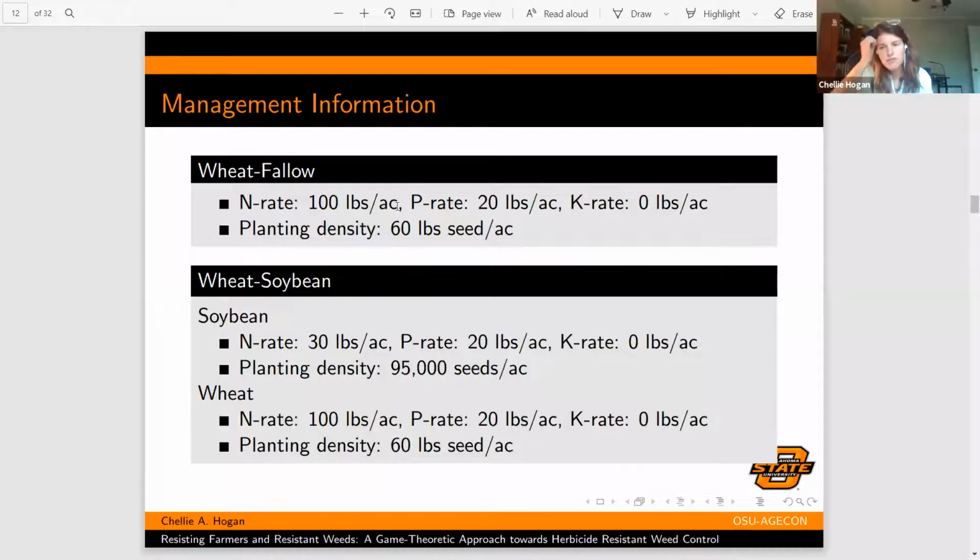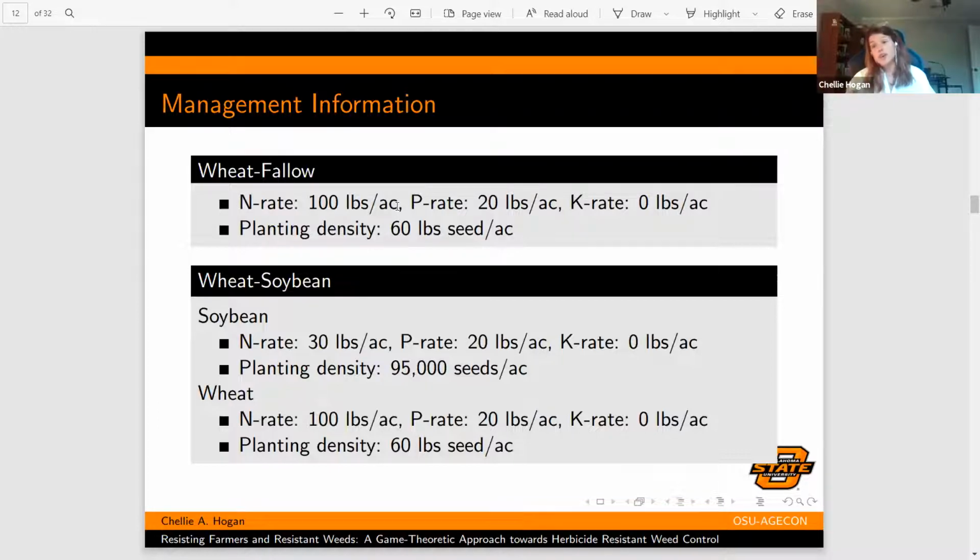And so here's some management information that I had to put into Almanac, obviously to get it to run and to simulate a cropping system that would be found in Oklahoma. So with nitrogen rates, phosphorus rates, things like that, Almanac comes with suggestions for what those levels should be. You can use those suggestions or you can alter them, putting in recommendations for the area.